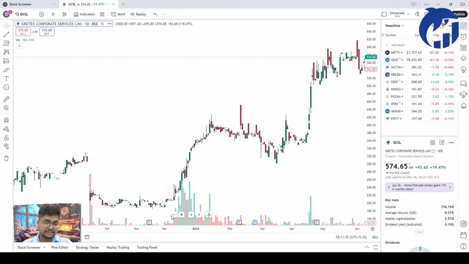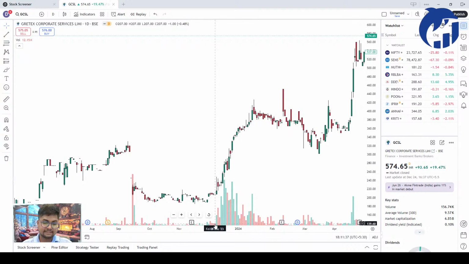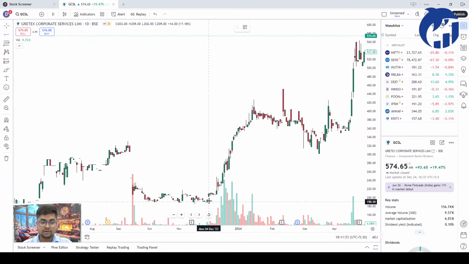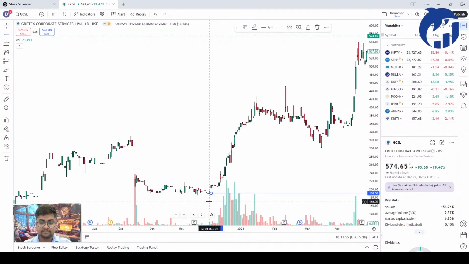Just look at the level, guys. The main funds started making position when the price was around 190. So we'll make a horizontal line to give you a clear understanding. At this position, main funds have started making a long position. So at the point of 190, the main fund started making position.